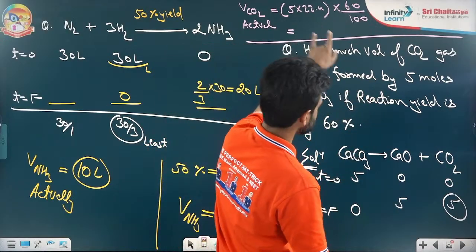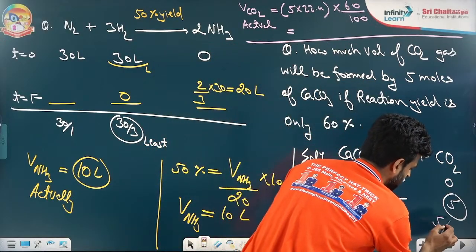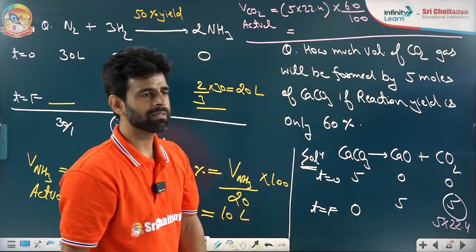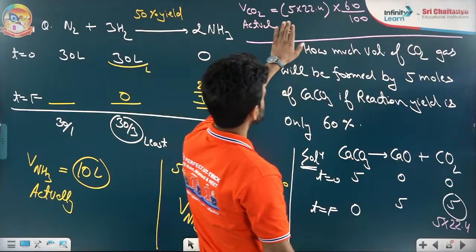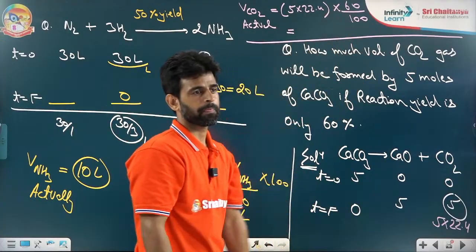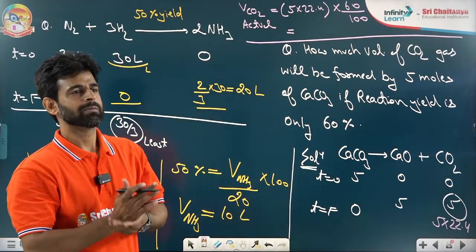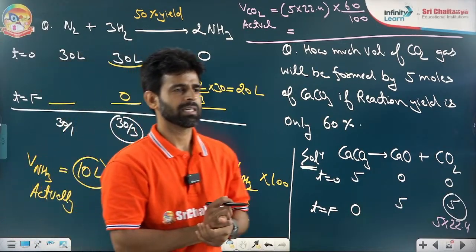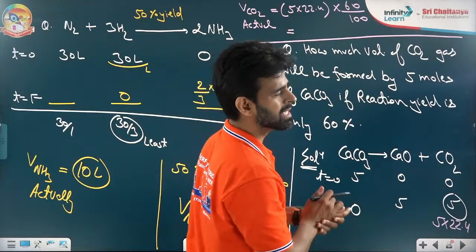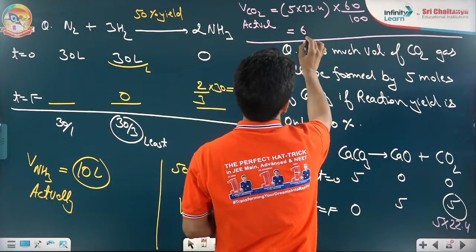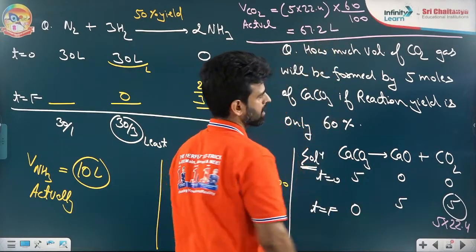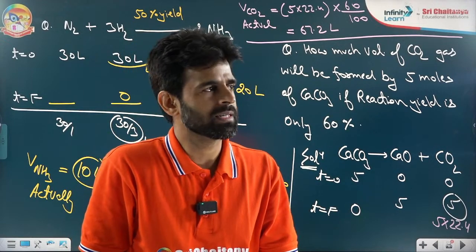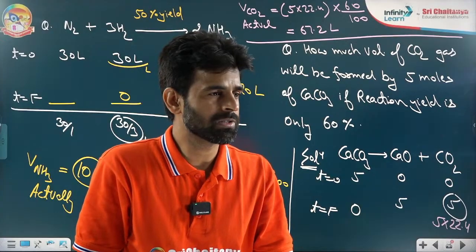This was the expected one, 5 into 22.4. So what is coming actually? Only 60%. How much is coming? Shakin is saying 67.2 liter. Yamini is saying 67.2. Good. Great. I hope we are clear about this topic.